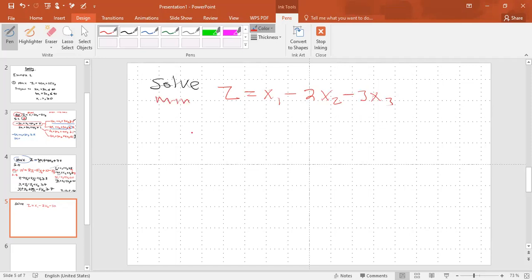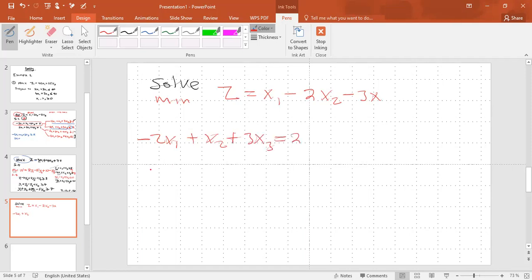The constraints: negative 2x1 plus x2 plus 3x3 equals 2.